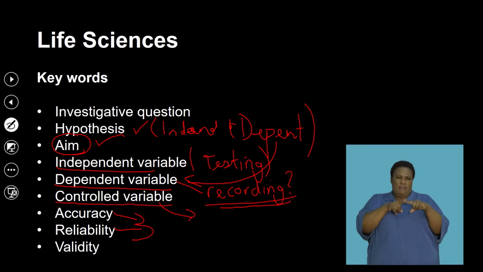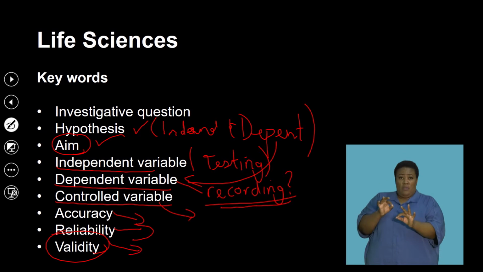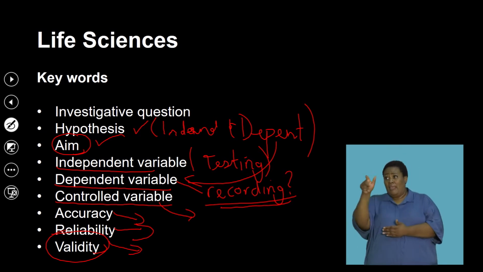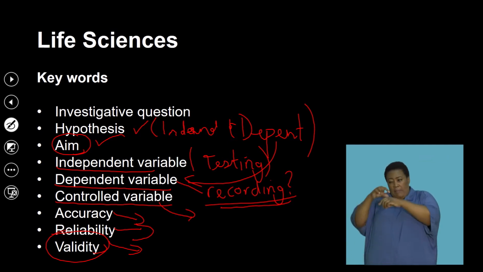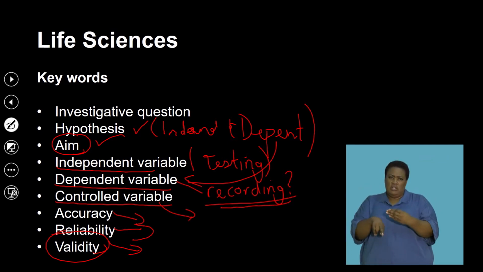So that's reliability. And how valid are these results? And validity talks about, is it valid enough for you to be able to share these and so that someone else does these experiments and gets the same results? And that essentially talks to what we refer to as the validity of an experiment.